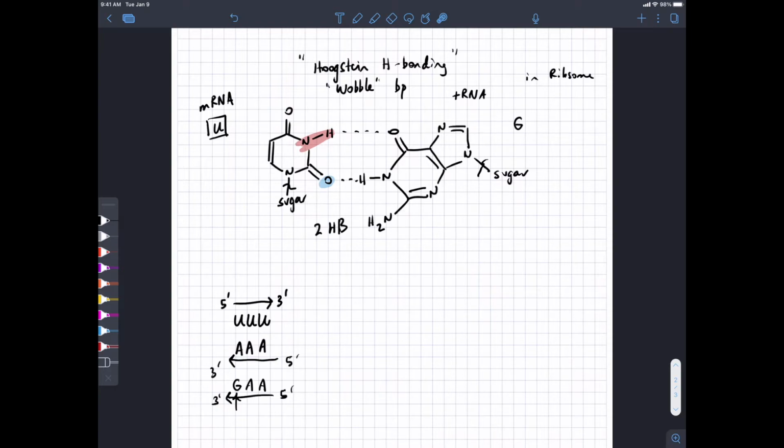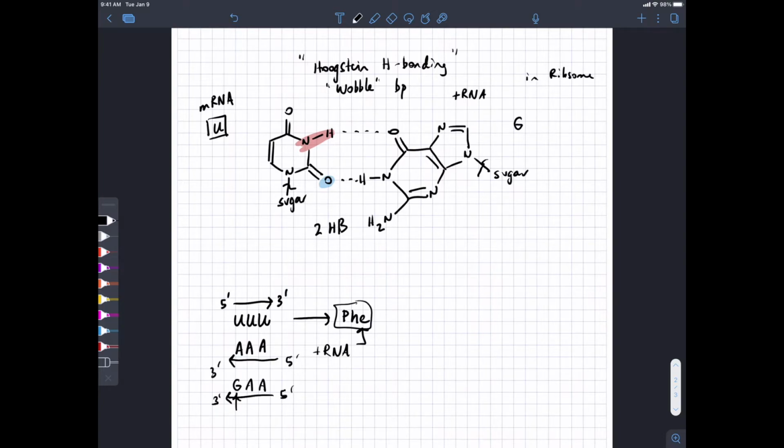So if we look at what UUU codes for in the genetic code, it codes for phenylalanine, right? And so the tRNA that has the AAA sequence is the one that carries the phenylalanine amino acid.